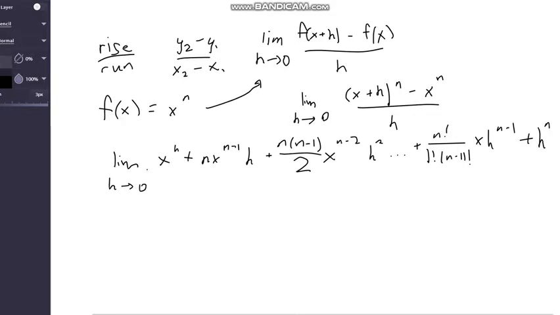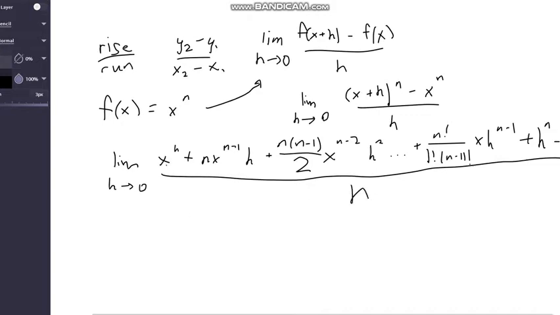And so this part of the equation is just this x plus h to the power of n expanded out. So we have this minus x to the power of n over here, all over h.